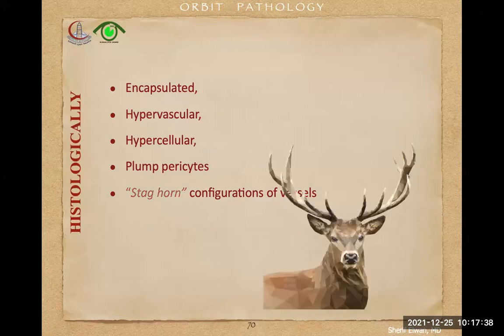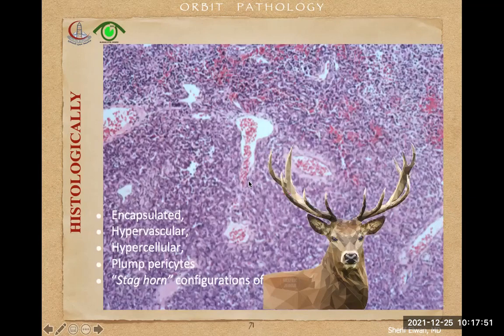A stag is the wild animal, sometimes called a deer, but a deer, a stag, with a big horn that is branched. And here is the horn that is branched, staghorn vessels, encapsulated, hypervascular, as you can see, hypercellular with plump pericytes and a staghorn configuration of the vessels.